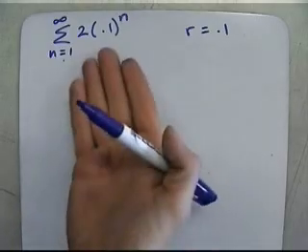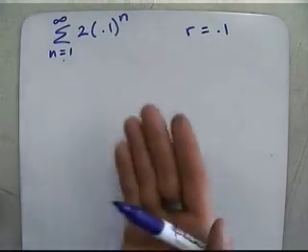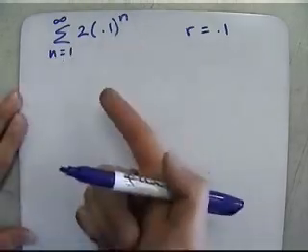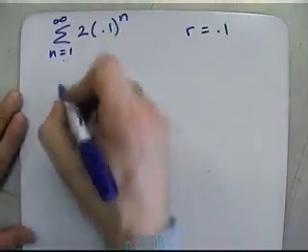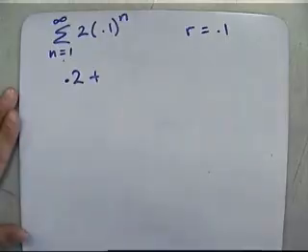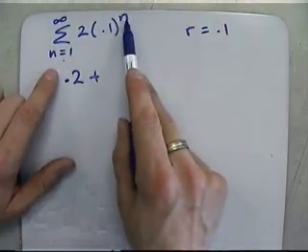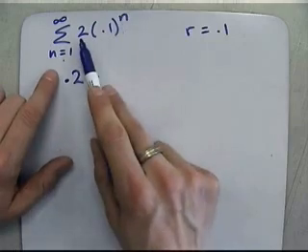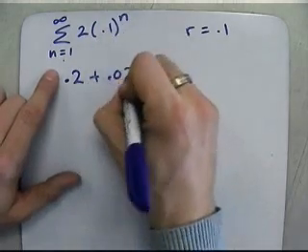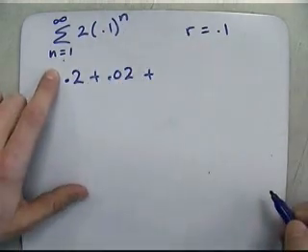If I were to write out the numbers for this sequence, what do you get if you plug in a 1? 0.2. The first term should equal 0.2. Plus, we're going to add the next term to it. That would be plugging in a 2. Well, 0.1 squared is 0.01 multiplied by 2, 0.02. Plus the next term.